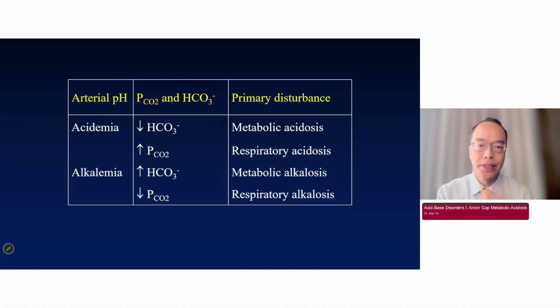And so you can easily reason that in an acidemia, if the bicarbonate is low, it must be caused by a metabolic disturbance that's causing the acidosis. So it's called a metabolic acidosis. If your CO2 is up, that's a respiratory acidosis, and the reverse for a metabolic alkalosis and respiratory alkalosis.